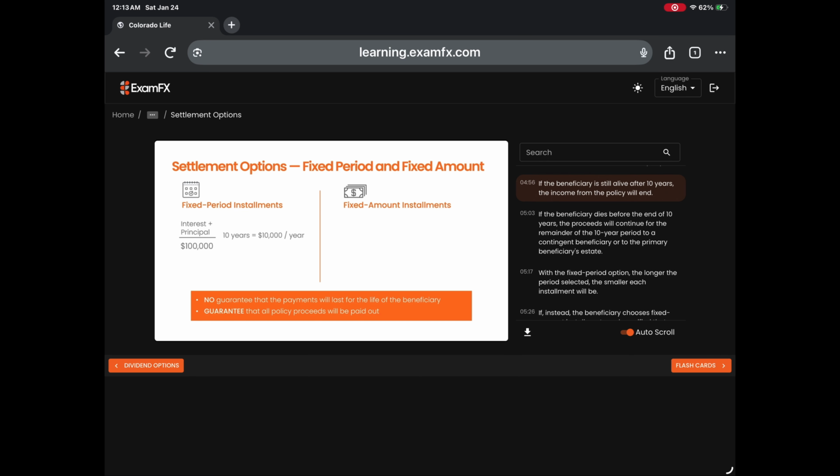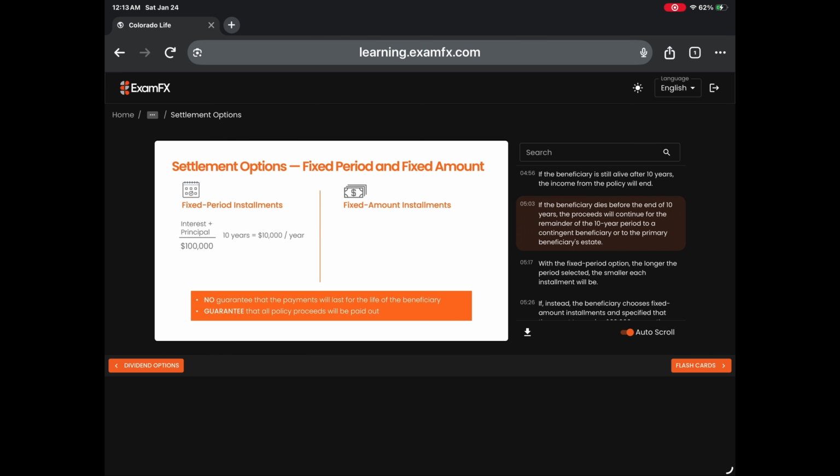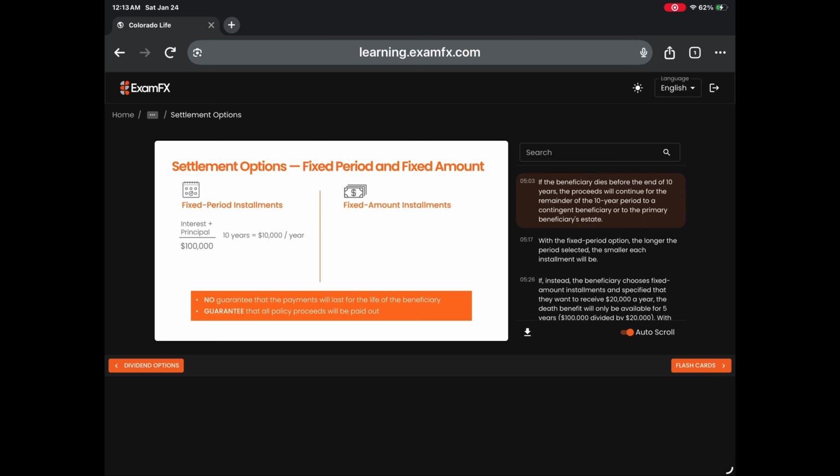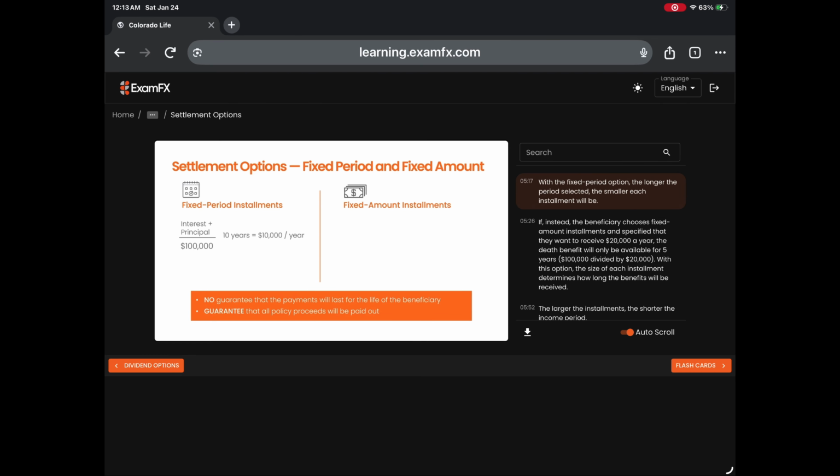If the beneficiary is still alive after 10 years, the income from the policy will end. If the beneficiary dies before the end of 10 years, the proceeds will continue for the remainder of the 10-year period to a contingent beneficiary or to the primary beneficiary's estate. With the fixed period option, the longer the period selected, the smaller each installment will be.